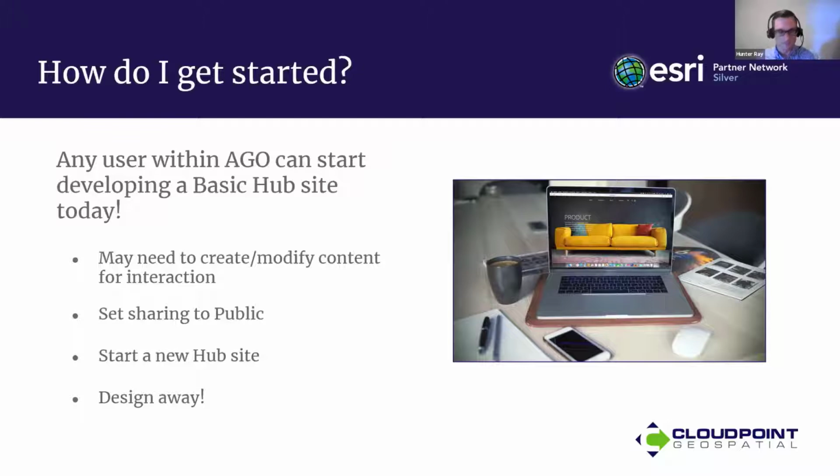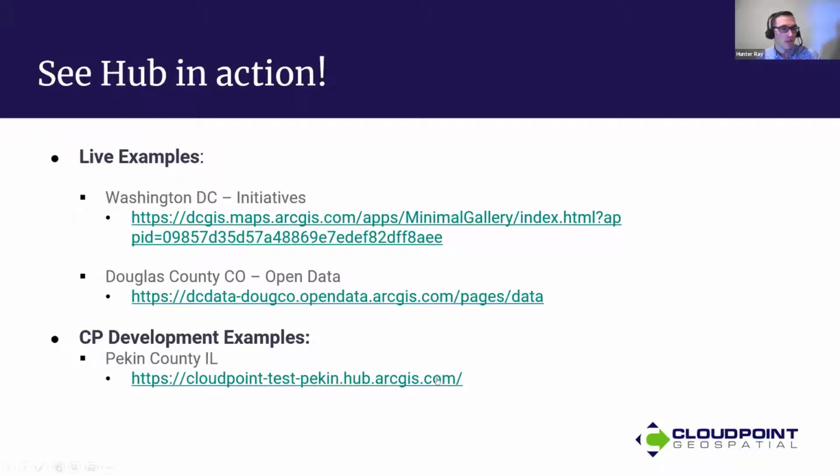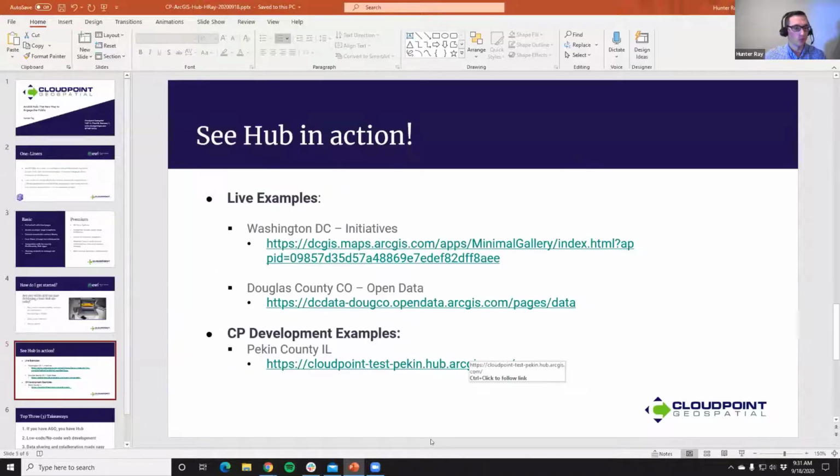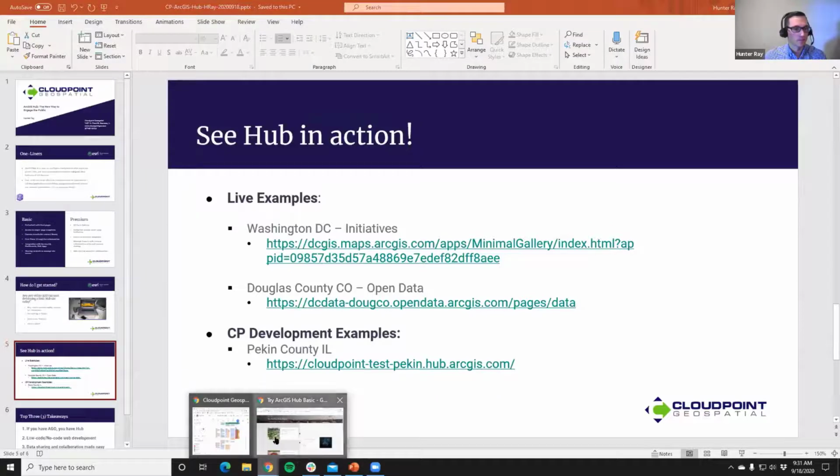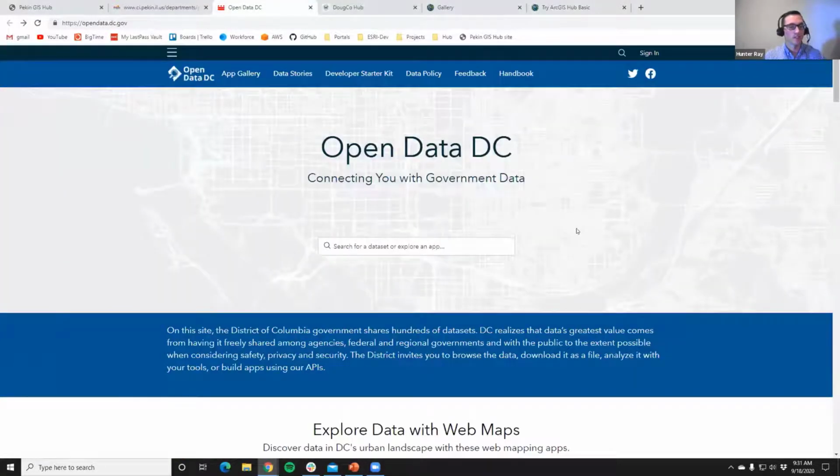So I have some live examples, and just to get started, I wanted to show a really cool example that I found. DC has this really cool open data site, but it's geared around the hub development.